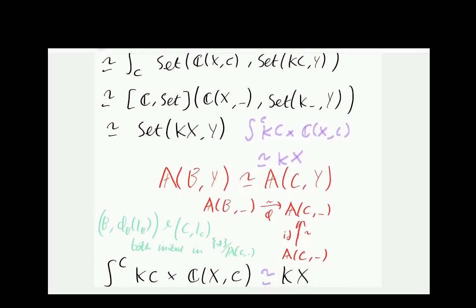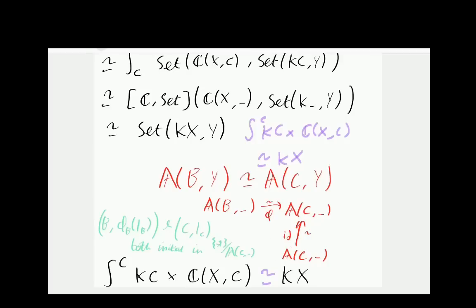So to see it, notice in general that when we have this type of relationship, natural in y, that really means we have a natural isomorphism like this, or if you like, a representation of A(c, blank) using B and phi. But then if we just apply Yoneda and get the corresponding element, B comma phi of identity, that's going to be an initial object in the category of elements of this.